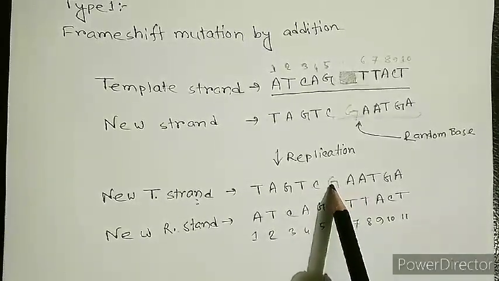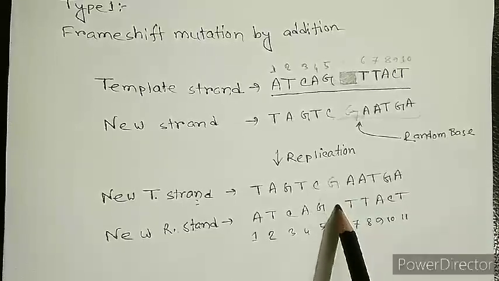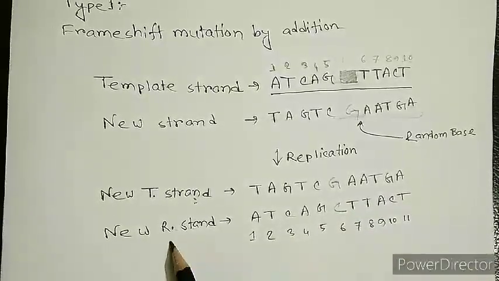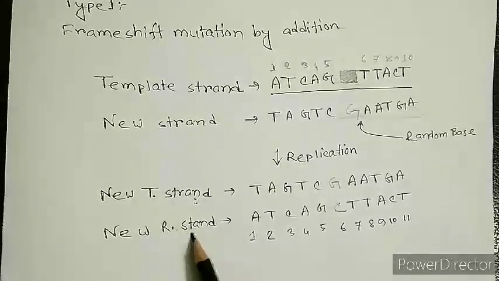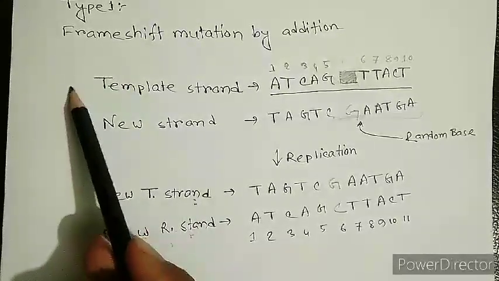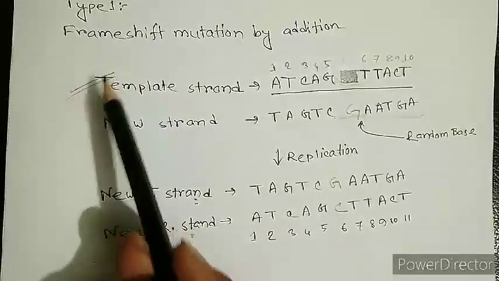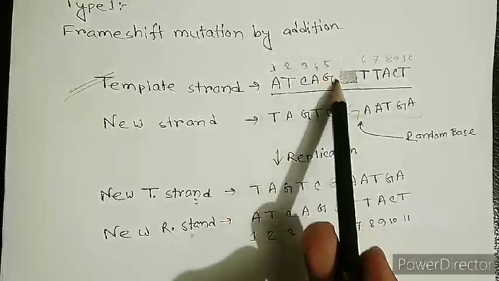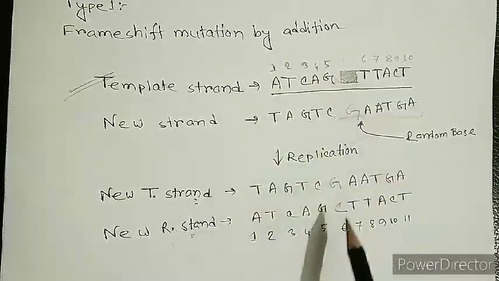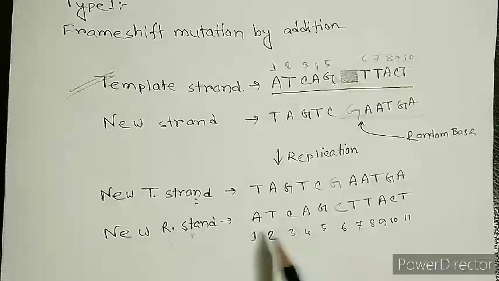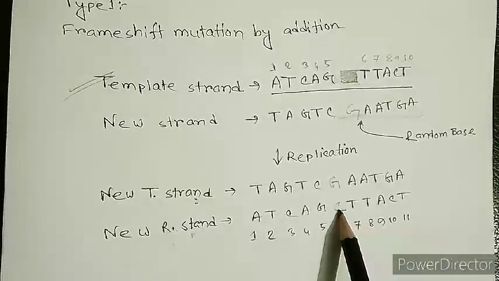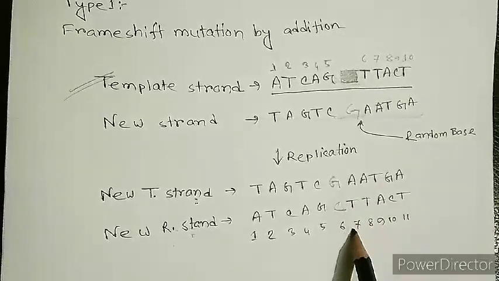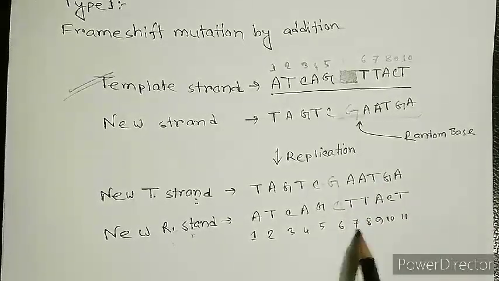So in opposite of this G, it will have a C. Now see that the new replicated strand should have the same base sequence like this one, but here as the intercalating agent entered here, the subsequent new replicated strand became 11 bases, and the sixth base is C, the rest of the bases have changed their positions.